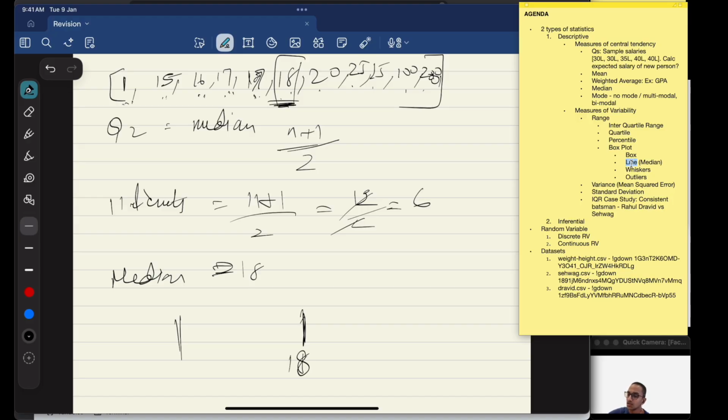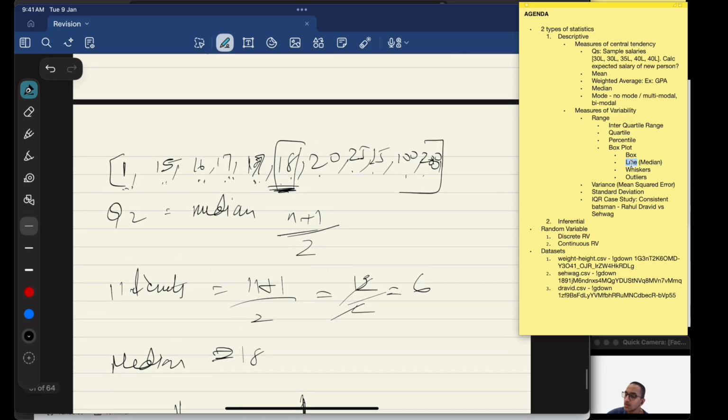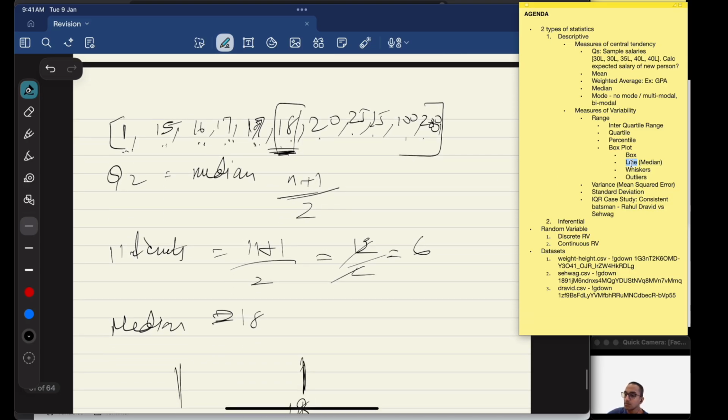Right? So now we want to find the median for the first half of the data set, which is this one, and the next half of the data set, this one. So we'll find the median of these two. 1, 2, 3, 4, 5.